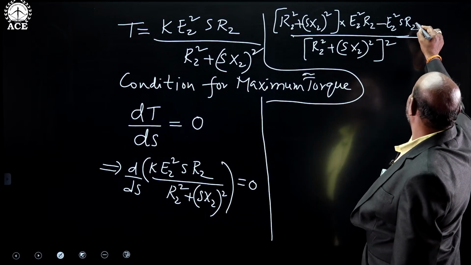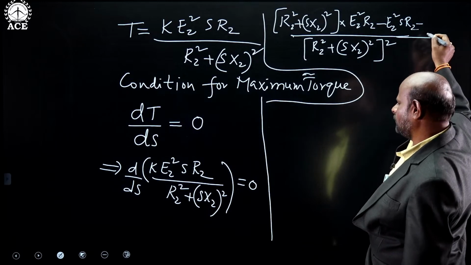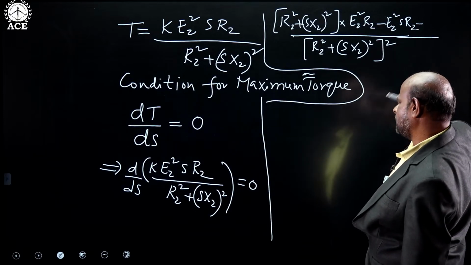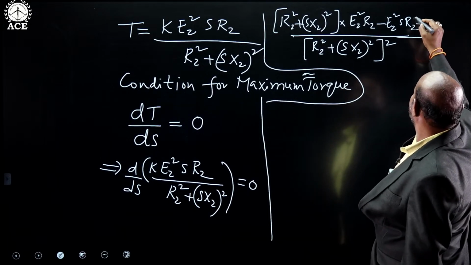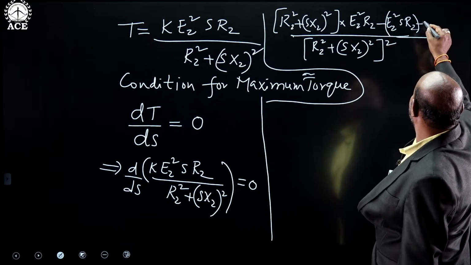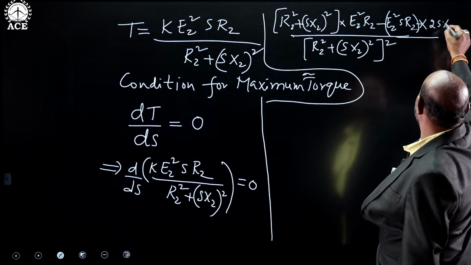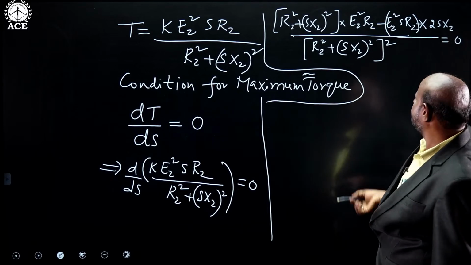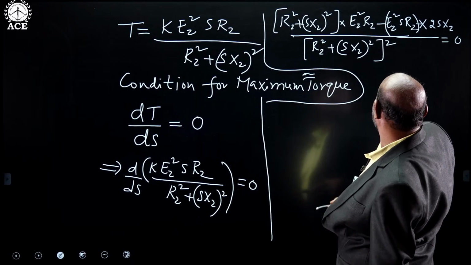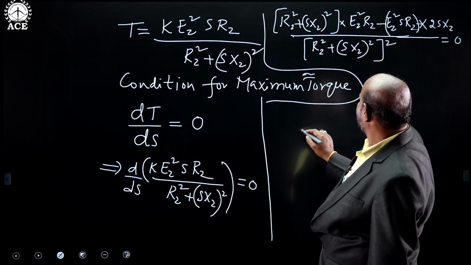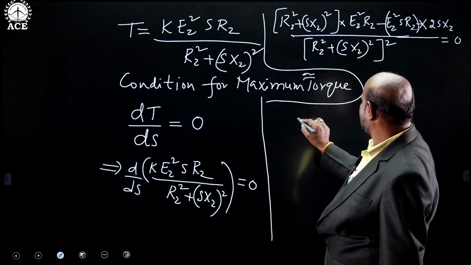The differentiation of (S X2) whole square is nothing but 2 S X2 square. Now, equated to 0, the denominator term is directly equated to 0. So you can directly take out the common factor E2 square into R2.